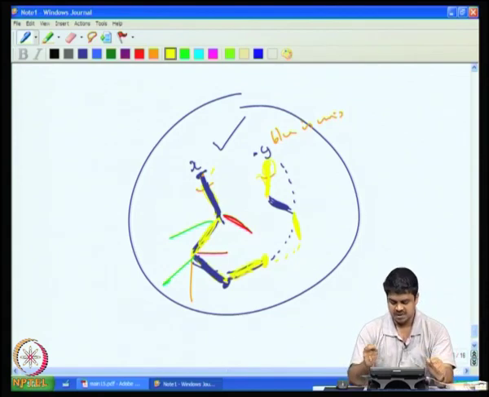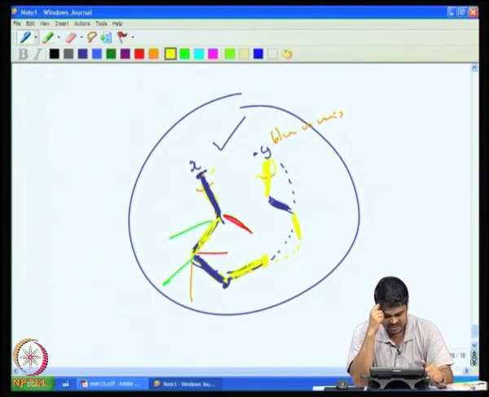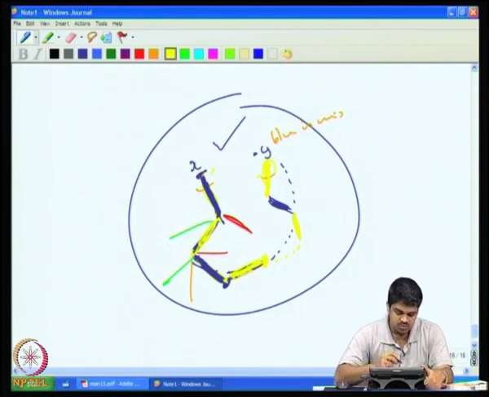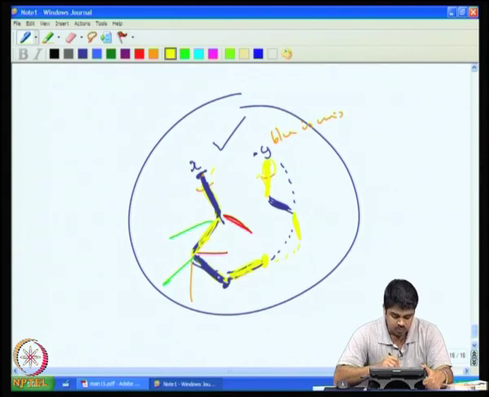We cannot do the earlier thing. But if you carefully look at it, this situation will never occur, for the following reason. Suppose there is a path like this: start with blue, yellow, blue, yellow, blue, yellow, and then when I am entering Y, it is a yellow edge. How many edges have I used? I started with blue, second is a yellow edge, third is a blue, fourth is a yellow edge. Therefore any yellow edge has to be at an even position: second, fourth, sixth, like that.